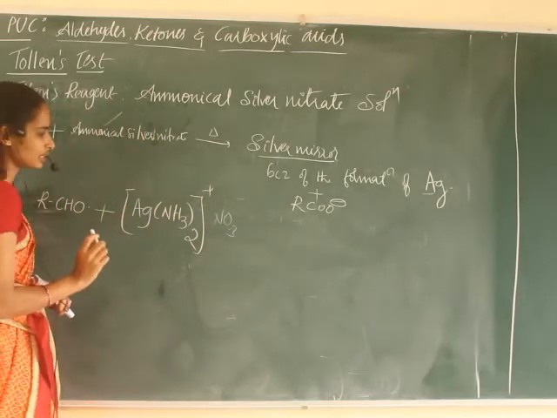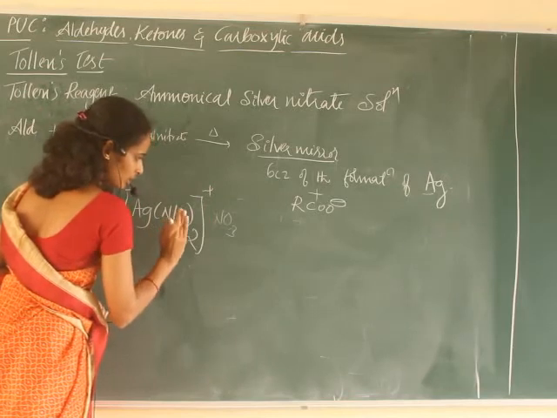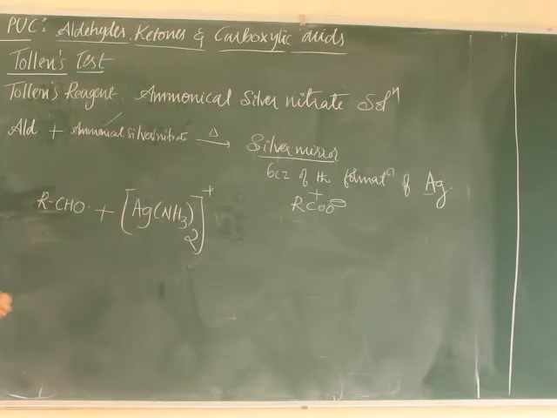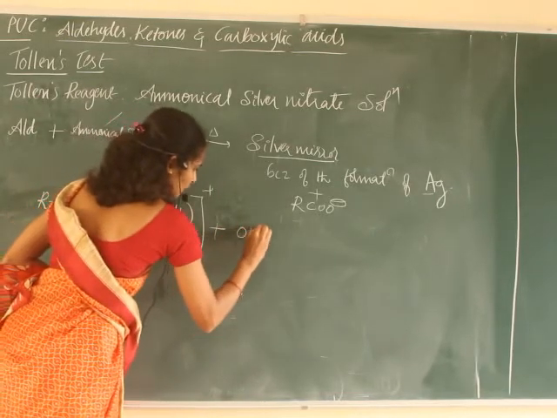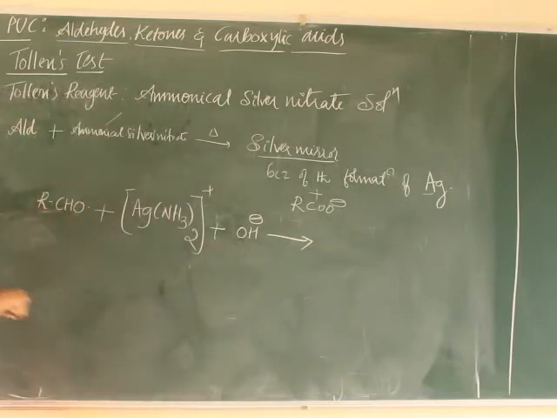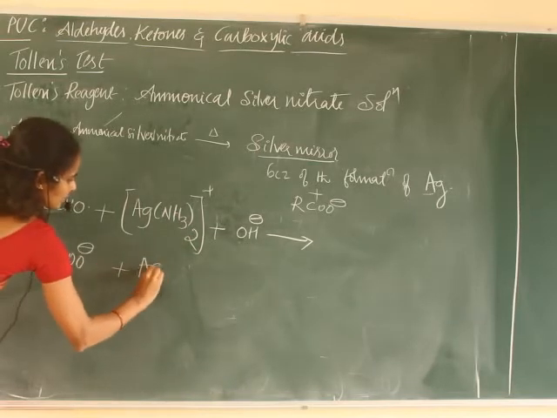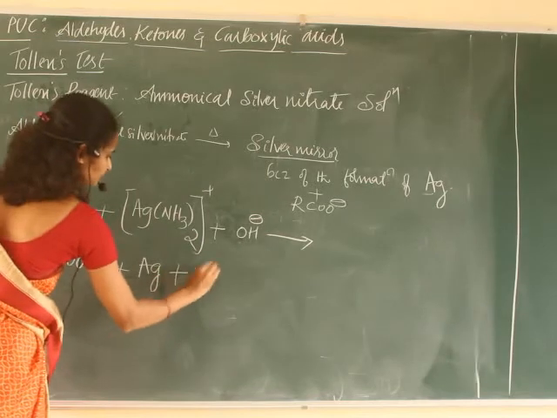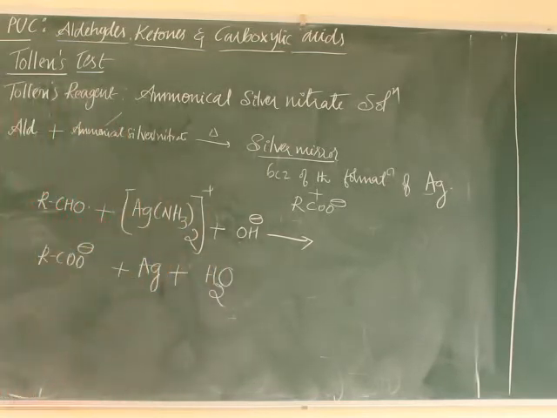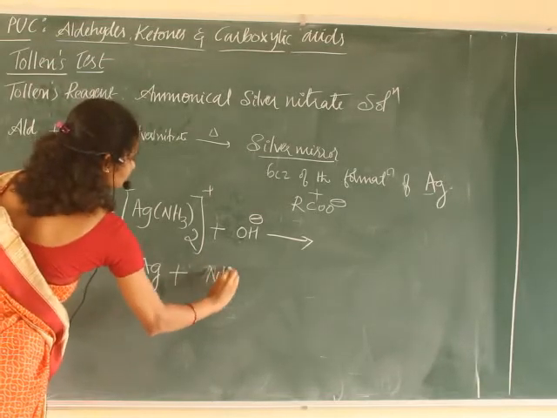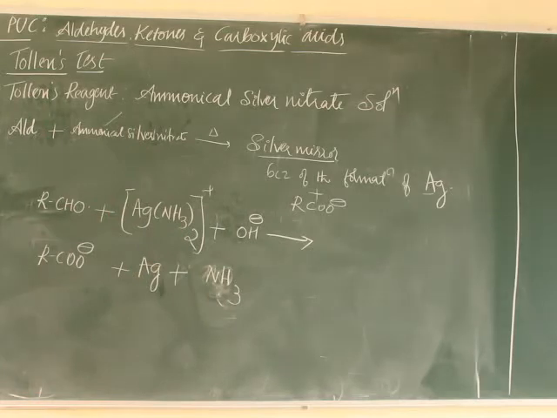Ammoniacal silver nitrate solution, and this equation is given in the textbook, so I'll write the same: Ag(NH3)2+, and in the presence of base, it results in the formation of, as I said, RCOO minus plus silver metal and water. Sorry, and ammonia. Results in the formation of ammonia.